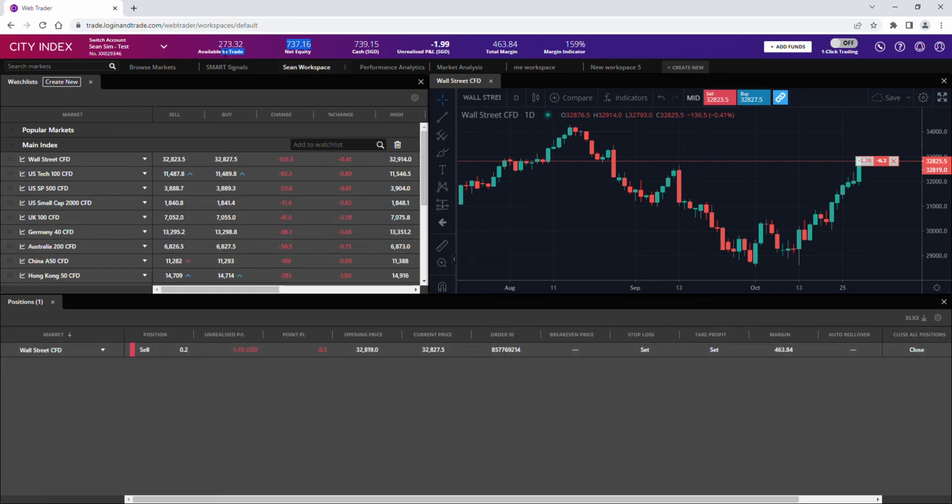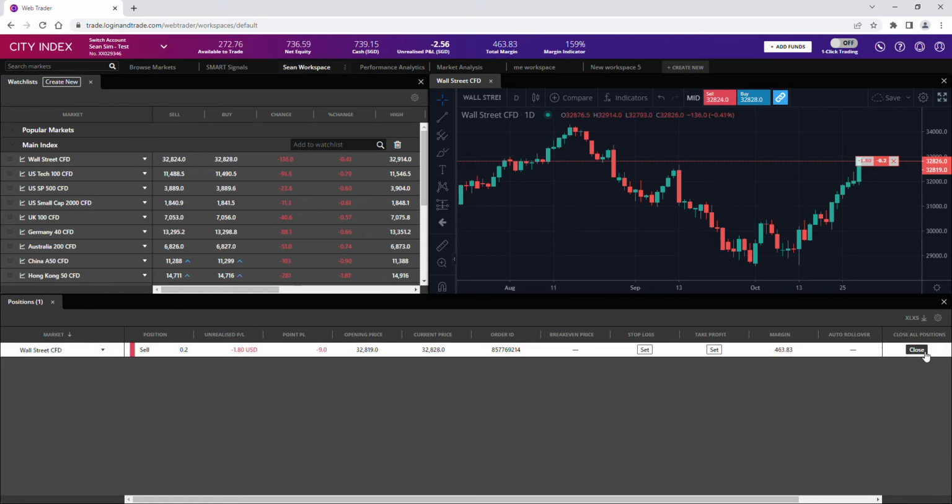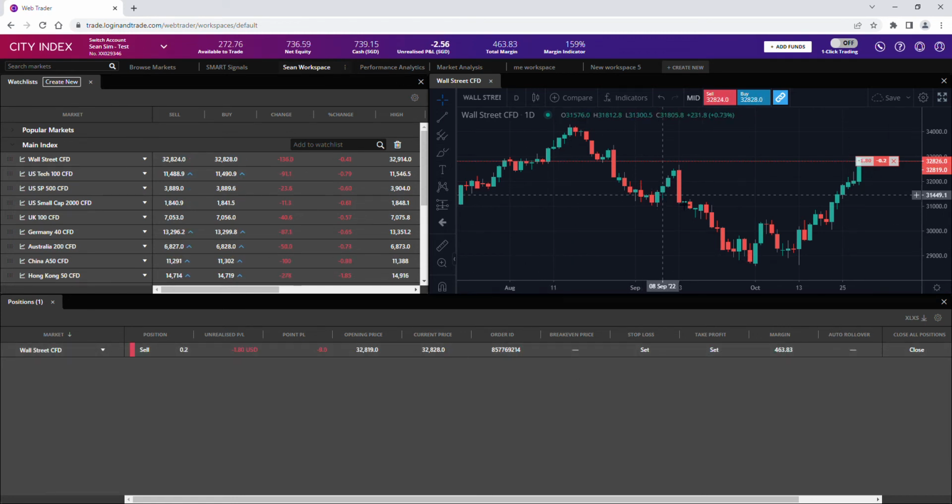Available to trade is your net equity minus your total margin. It means how much is left in your account for you to execute the next trade. Take note, in this case I have insufficient funds, so I can either top up or reduce my position, then I can place the next trade.